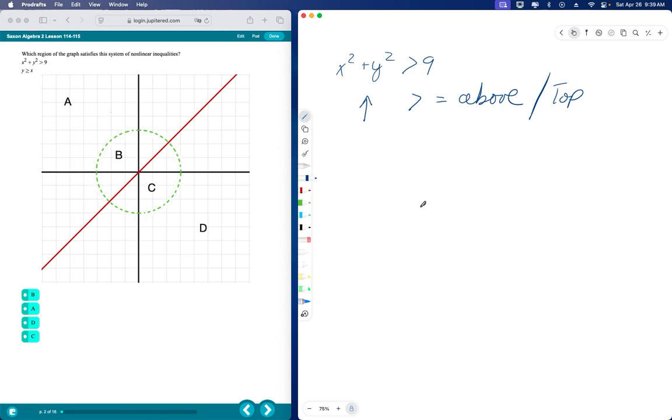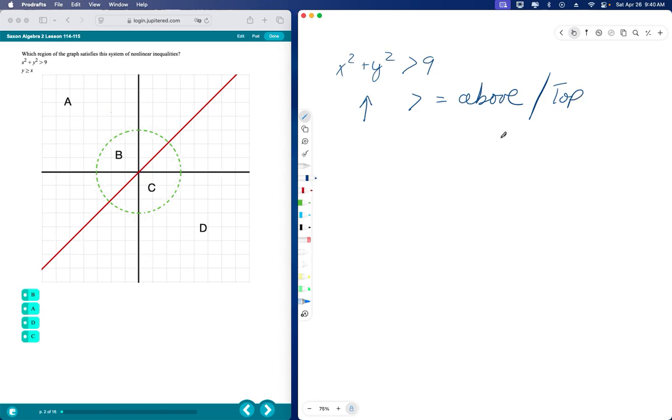So we're looking for the areas above the circle, because this is above the circle or in the top of the circle. So for a circle, however, above is going to mean outside.